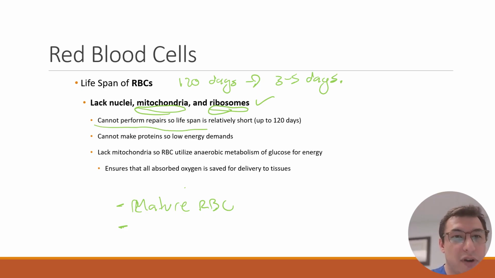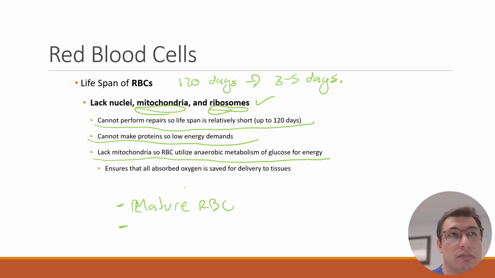They cannot perform repairs or make proteins, so the energy demands are low. That is why anaerobic cellular respiration is the only form they have, to repair the cell membrane. They lack mitochondria, again, because they would be consuming the oxygen they are supposed to deliver to other tissues, so that wouldn't be good.